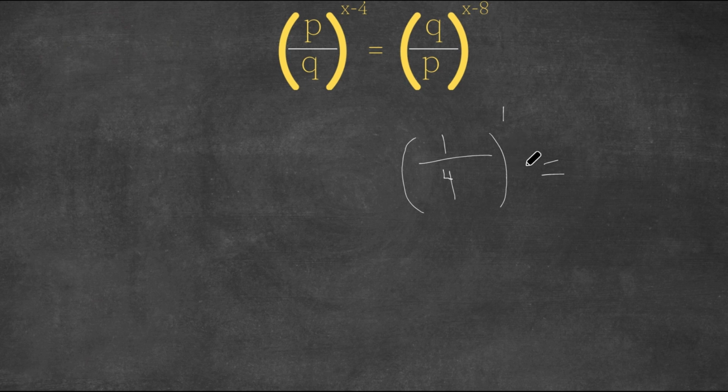But this can also be written as 4 to the power of negative 1. All we've done is flip the places of the numerator and denominator, so this is (4/1) to the power of negative 1. So when we find the reciprocal, we multiply our exponents by negative 1.